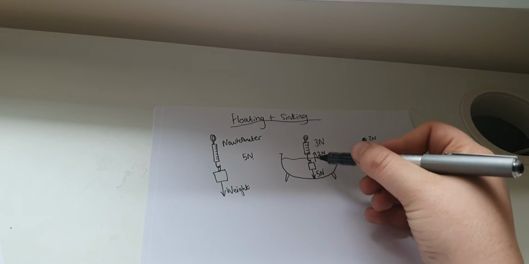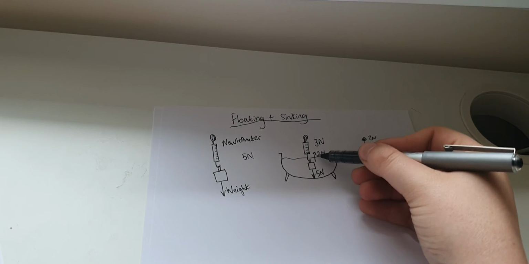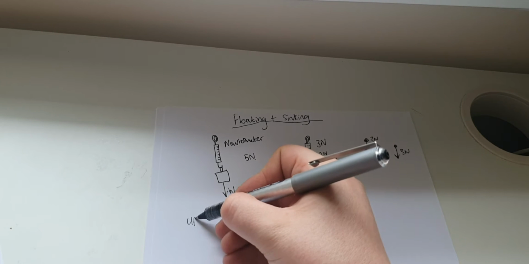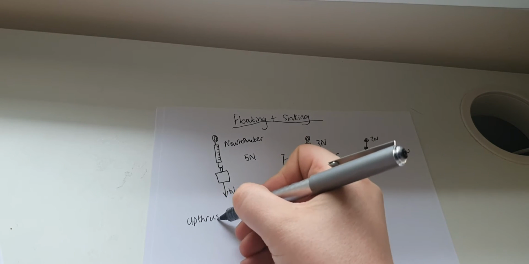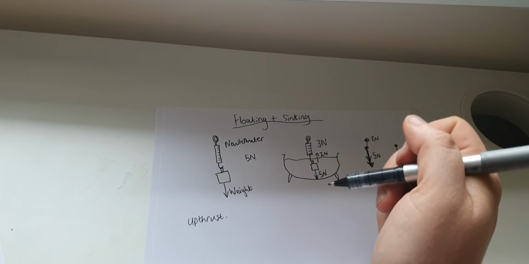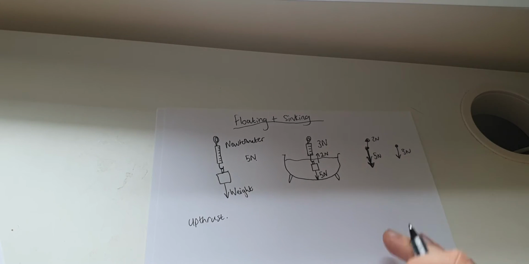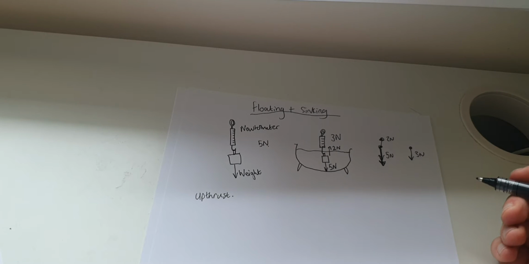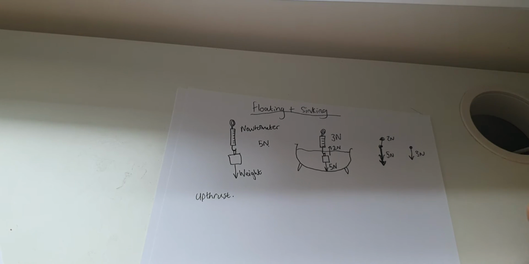Now, what is the name of that force pushing up on it? It is called upthrust. And that's really what this lesson is about. So upthrust. Now, that is the force that pushes up on objects within liquids.